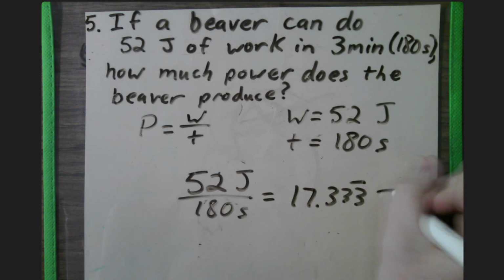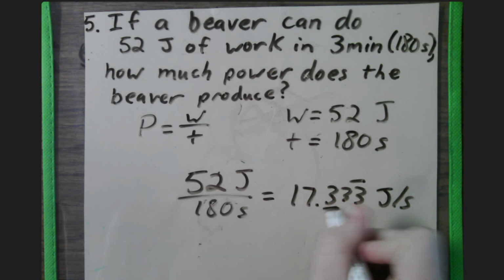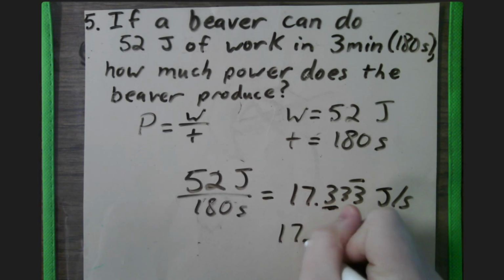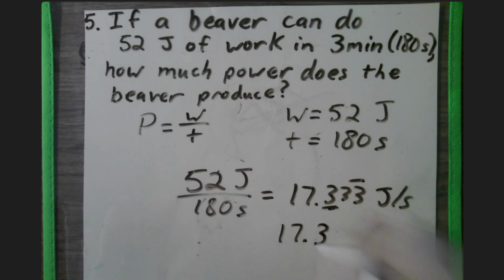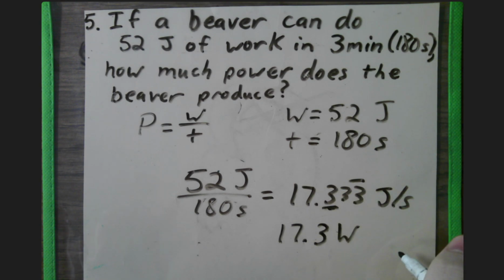And these units are joules divided by seconds. But we got to simplify both. We're going to round to the nearest tenths place. So it's going to be 17.3. And we're going to simplify this by saying W, or watts. Let's do one more example.